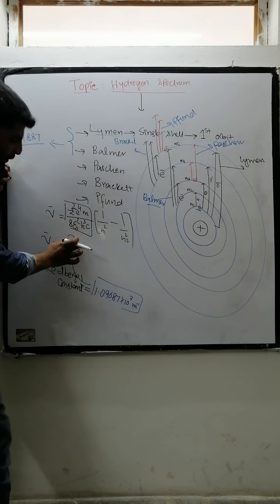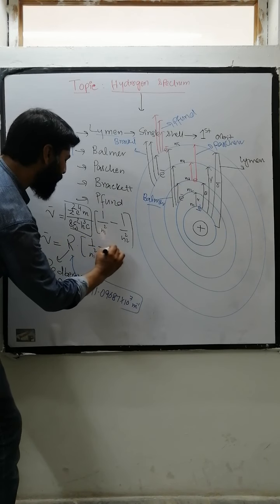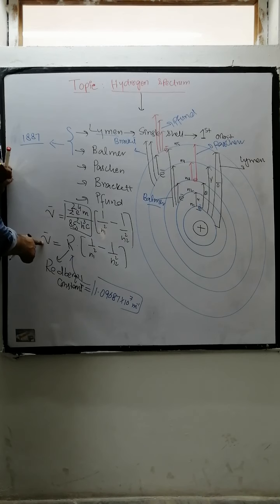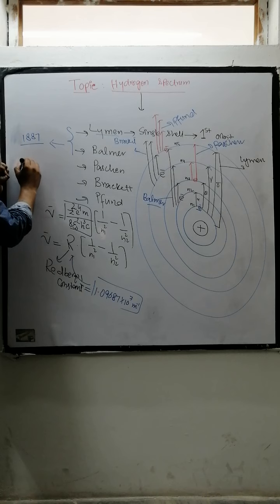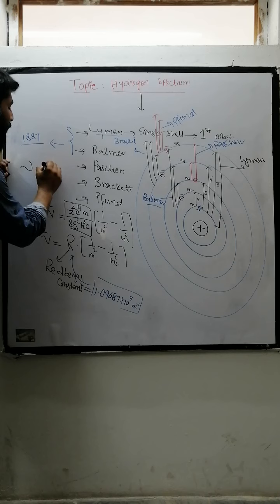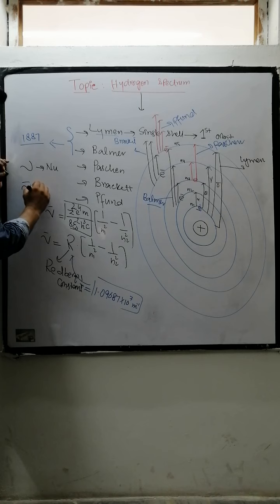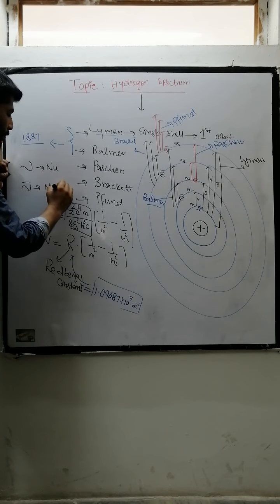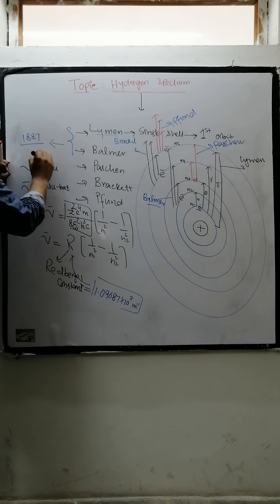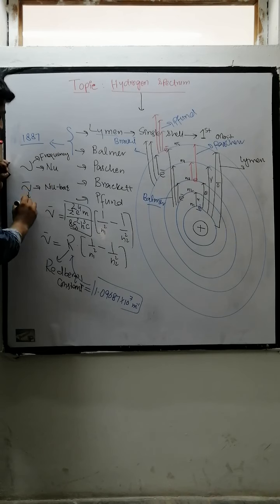We use this value, and now we have into 1 by n1 squared minus 1 by n2 squared. This is nu bar. This is nu, the frequency, and this is nu bar, the wave number.